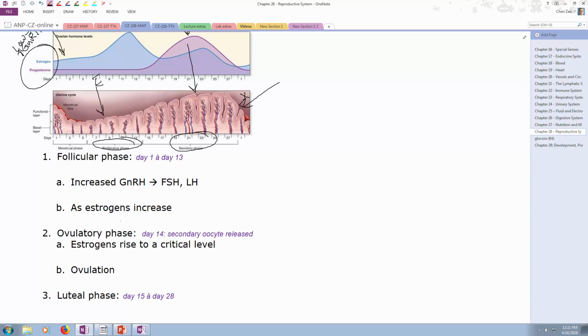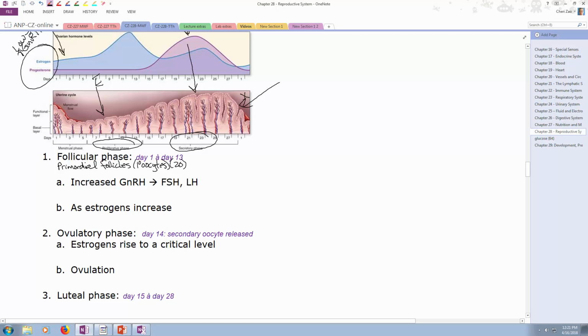Follicular phase is days 1 through 13. So we start off with our primordial follicles, which remember are containing primary oocytes. And say we're going to recruit a group of around 20, just because it's a nice thing to continue with.